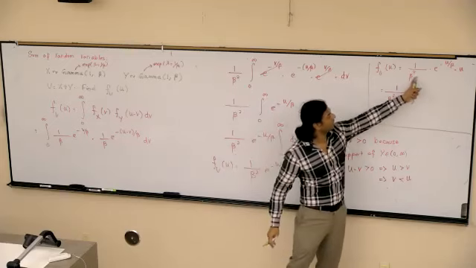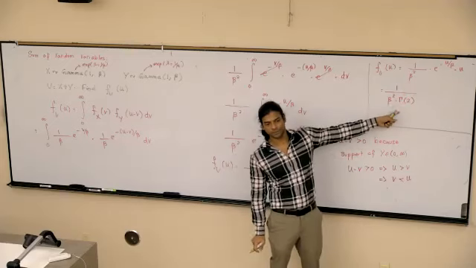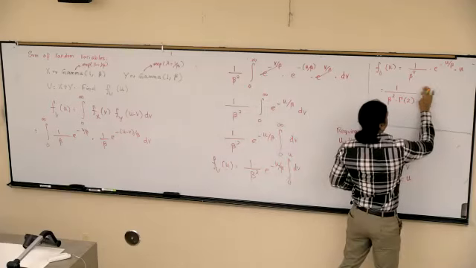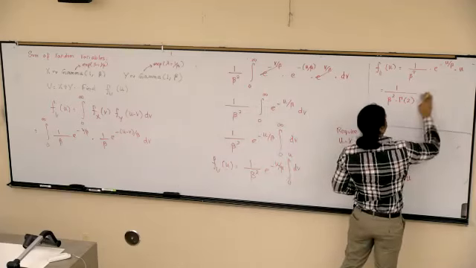So I just replace 1 here by gamma of 2. Yes? The power on u here is 1, so I can write it as 2 minus 1. Agreed. I didn't do anything wrong.